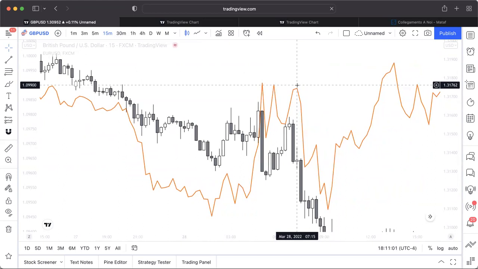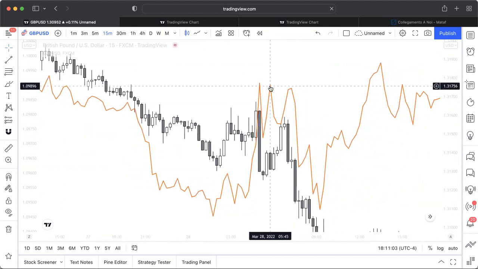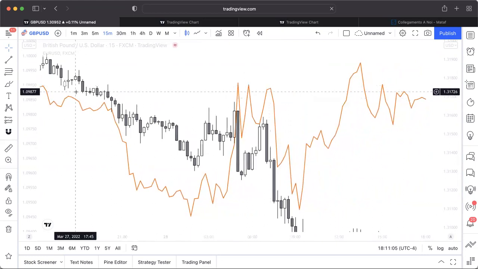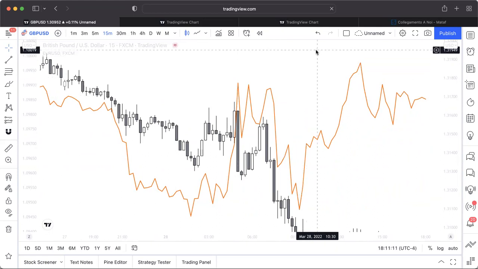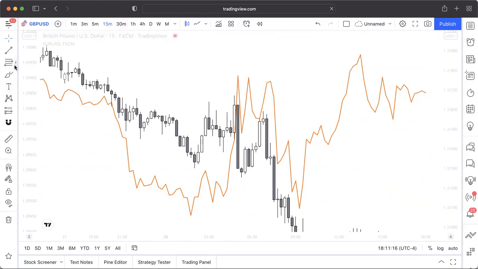Now it's rather the same. So the way you would use it on GBP USD and Euro USD, compared to how we've been looking at it on Dixie.